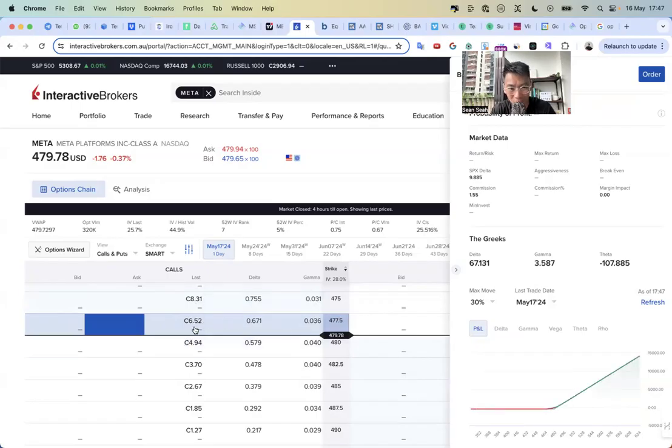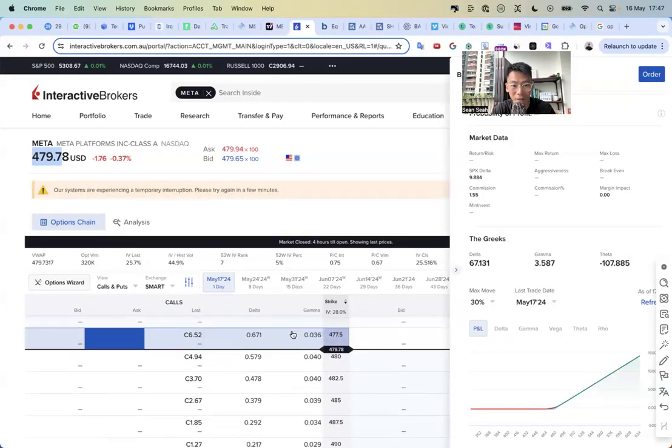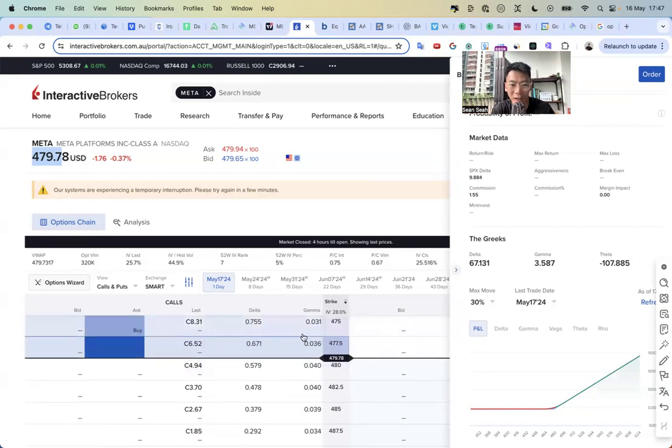If the share price, which is 479.78, increases by $1, the premium, which is 6.59, will increase by 0.71. Once it increases, the delta also changes because the probability of it becoming more in the money is even higher.